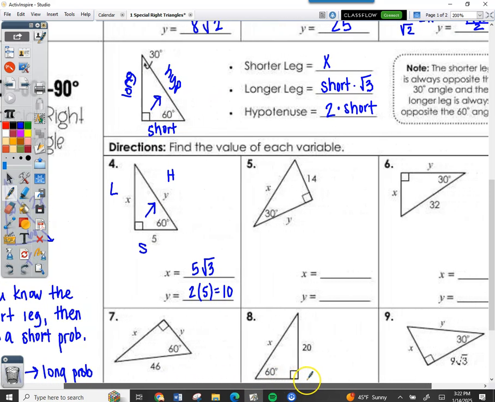Let's do. What's that one? We know the short. There you go. Try 5. Label SLH.